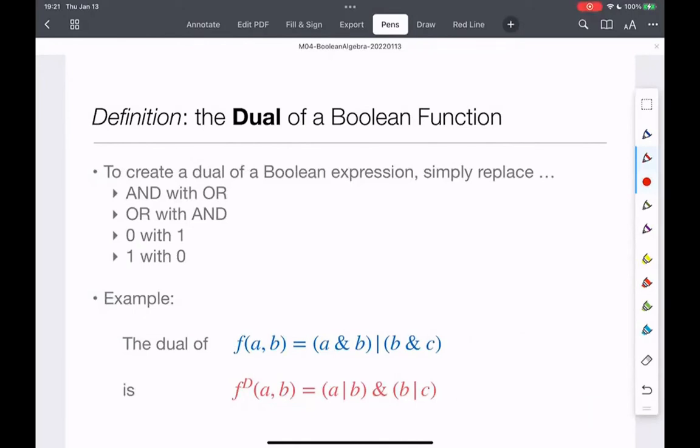So the dual of a Boolean function: if I give you an expression, then to create a dual, we replace every AND with OR, every OR with AND, any 0 with 1, and any 1 with 0. These are referring to the constants 0 and 1.